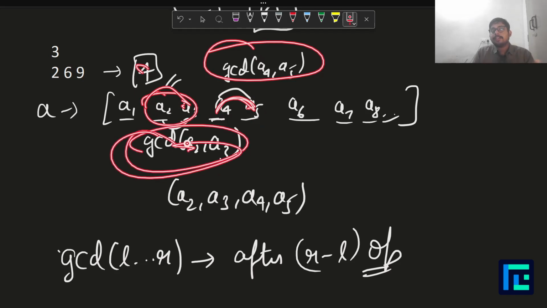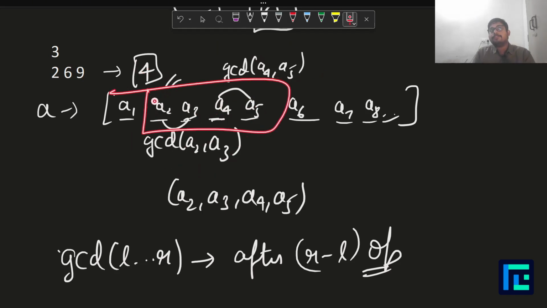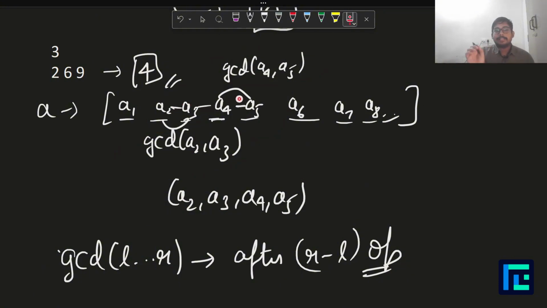But if you want to combine all the 4, you can imagine them connected by these three connections. Whenever you take GCD of two numbers, you are breaking a connection, whichever pair you choose.